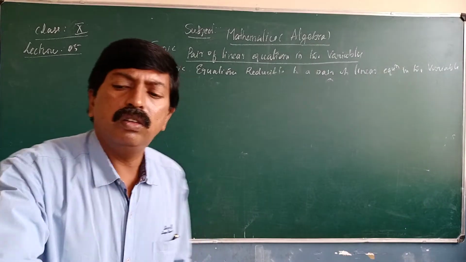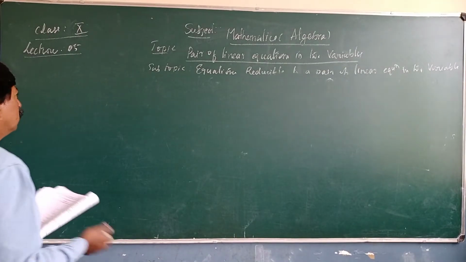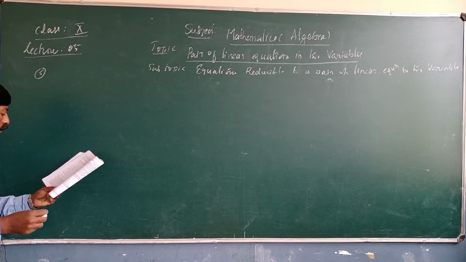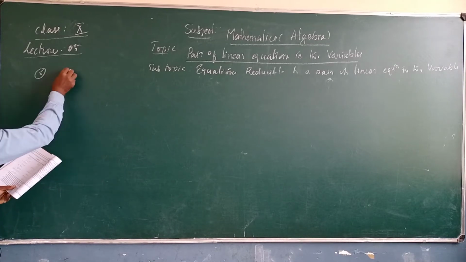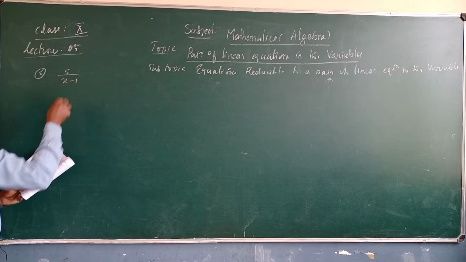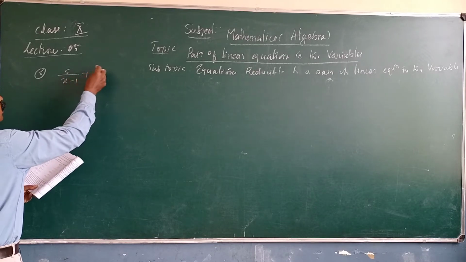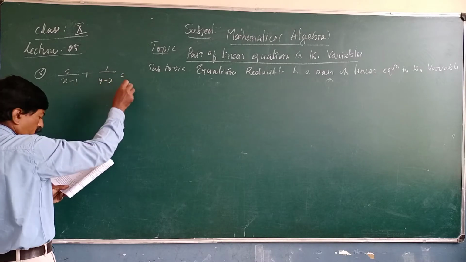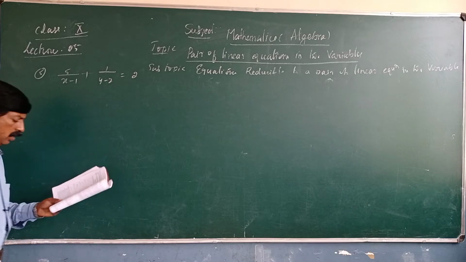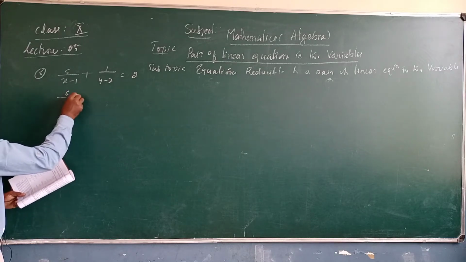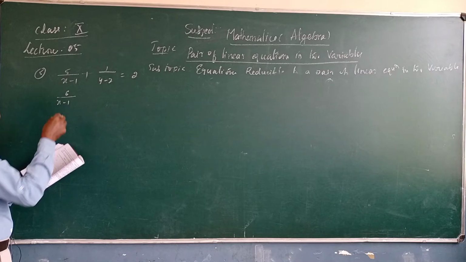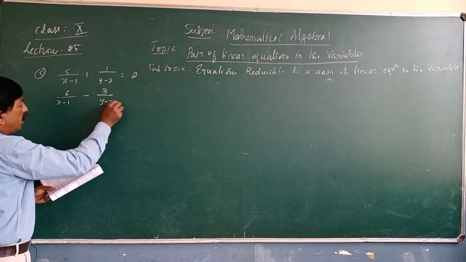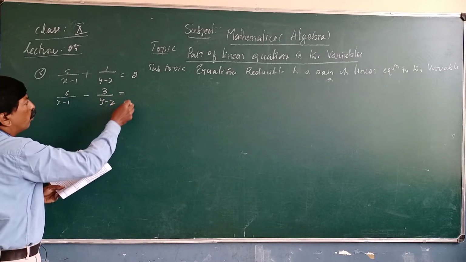Now the fifth problem, in reducible form. 5 divided by x minus 1 plus 1 divided by y minus 2 is equal to 2, and 6 divided by x minus 1 minus 3 divided by y minus 2 is equal to 1.